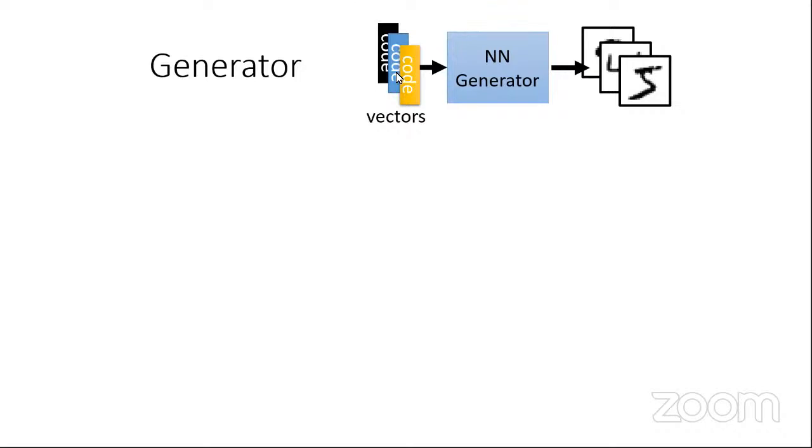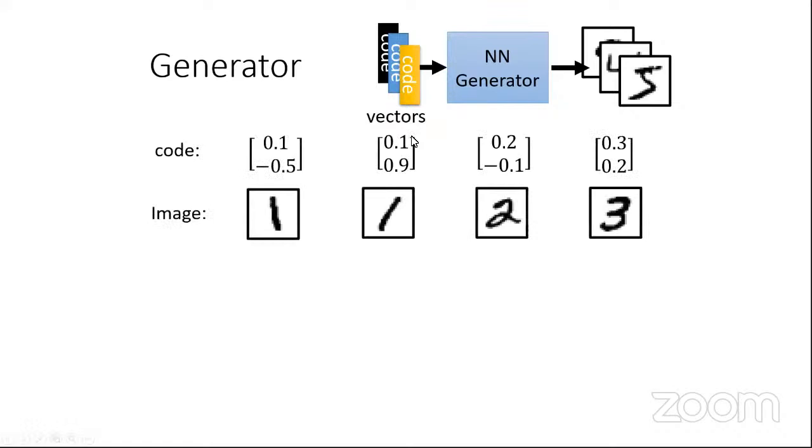So these vectors, maybe 100-dimensional vectors, are being sampled, and the generator is creating images of maybe 64 by 64 or 128 by 128. And so these are the images and these are the related code vectors.